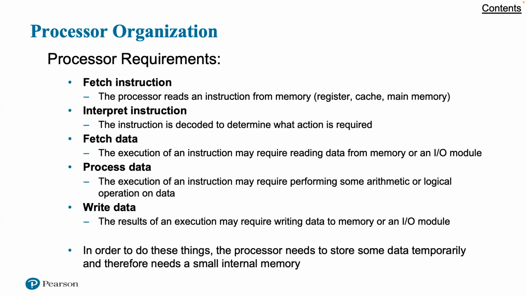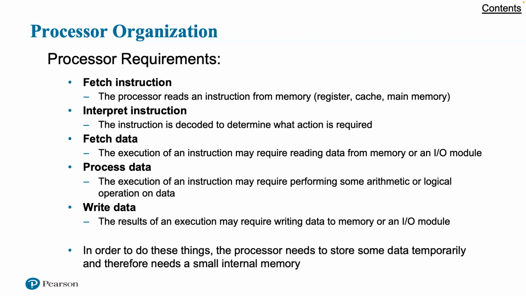Fetch data: the execution of the instruction may require reading data from memory or an I/O module. Process data: the execution of an instruction may require performing some arithmetic or logical operations on data. Write data: the results of an execution may require writing data to memory or an I/O module.